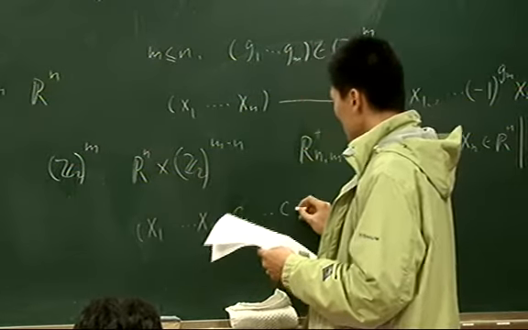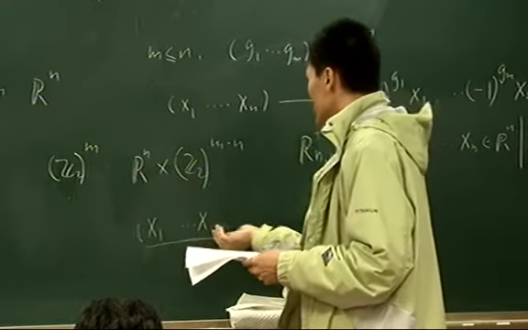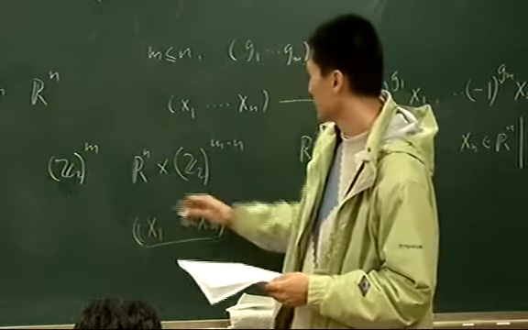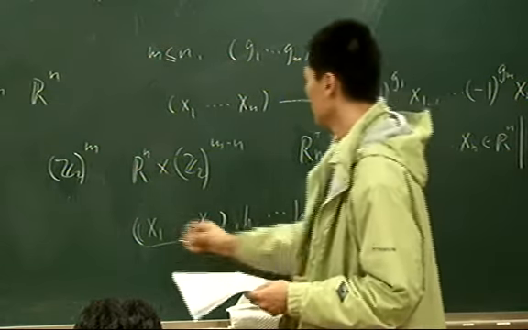C1. So the first coordinates is the coordinate of Rn, and then m minus n. Okay.